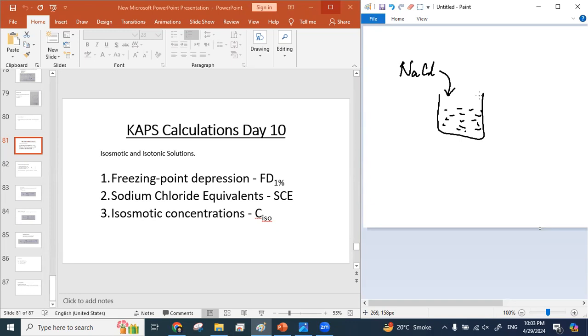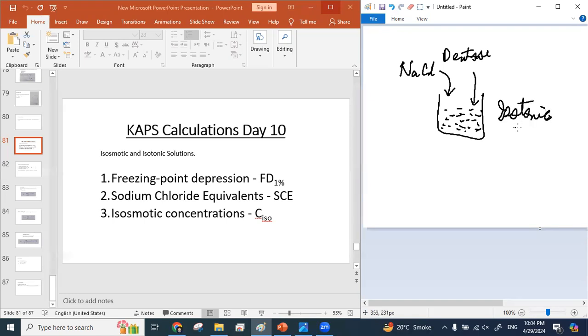This is for the liquids that we need to inject in our bodies or eye drops, this kind of solution. So there will be a solution already made, composition will be given, and they ask us to add any substance, not only NaCl, any substance. Maybe they ask us to add dextrose, but add that much that it will make this solution isotonic.